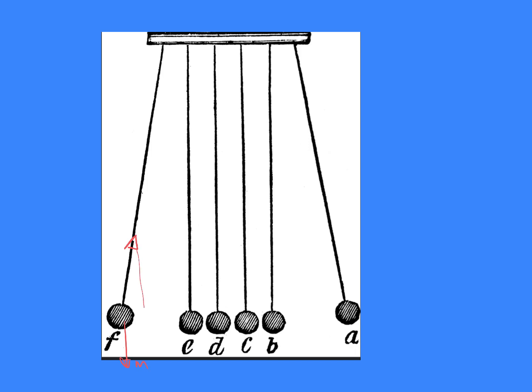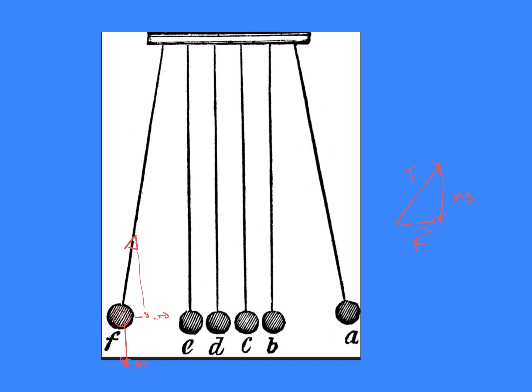And the sum of all the forces, the sum of the tension and the mg, will produce a force in this direction. And the force in this direction will make a change in the velocity of this ball. So the ball will move in this direction.